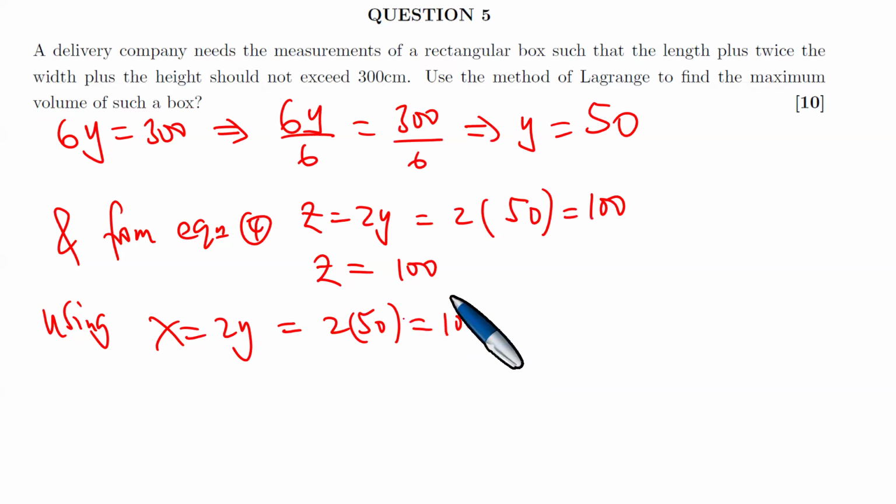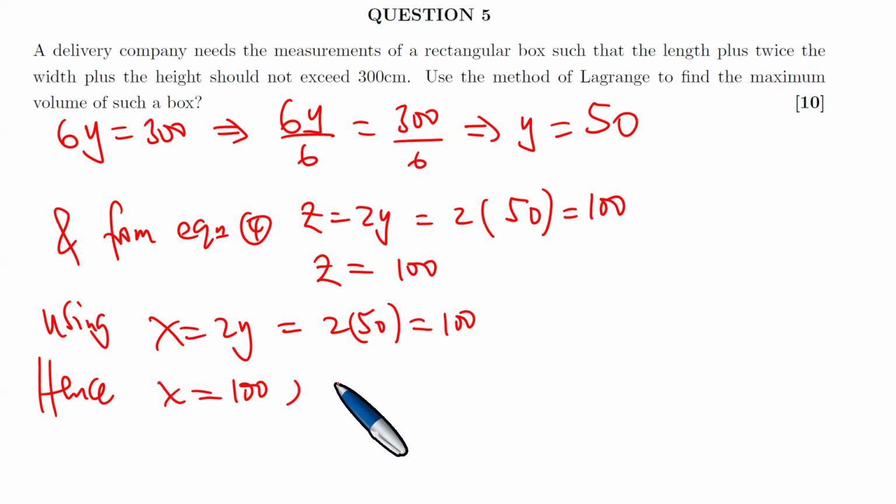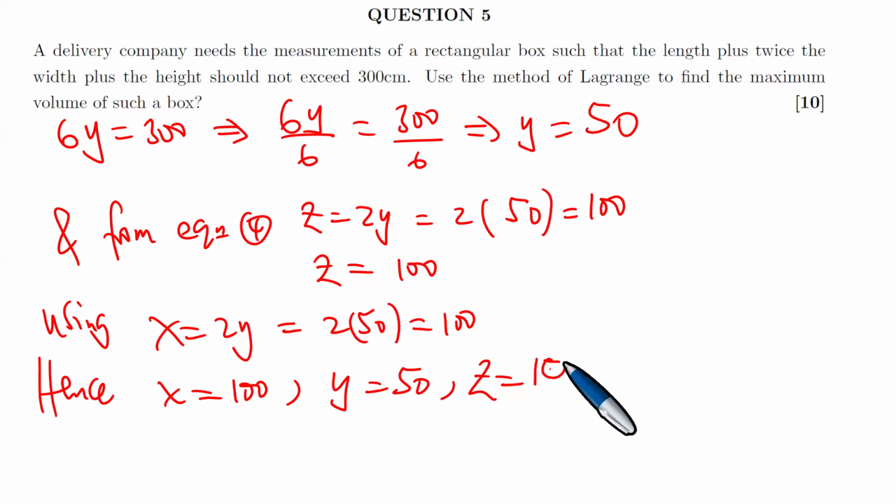And hence we have that x is 100. We got the dimensions: x is 100, y is 50, z is 100.